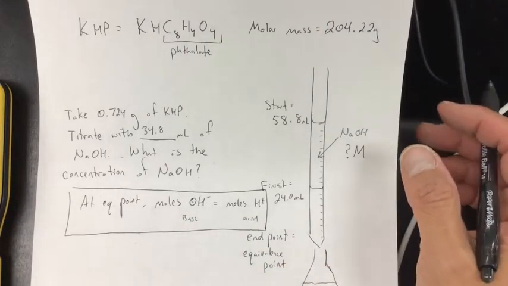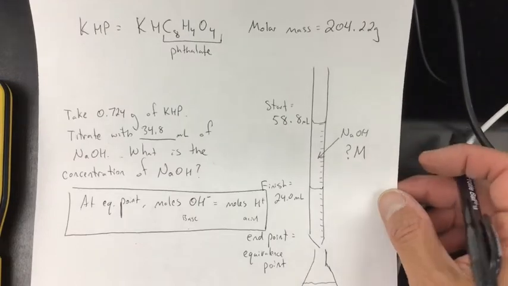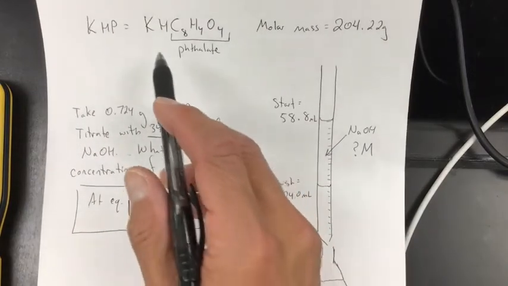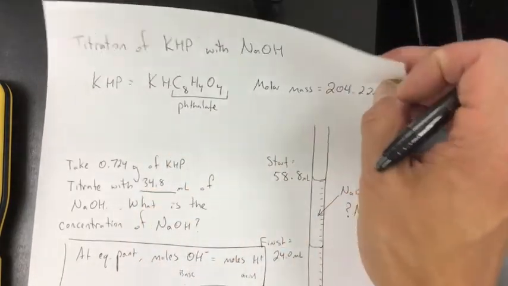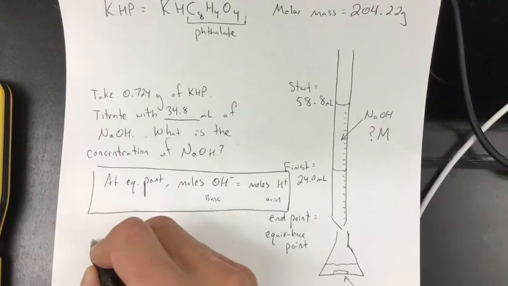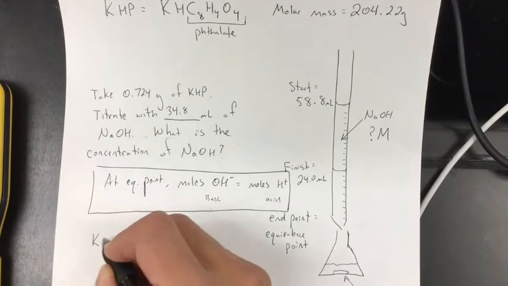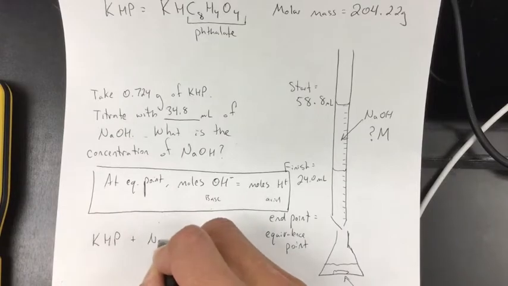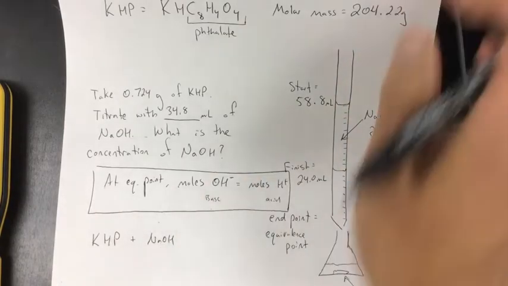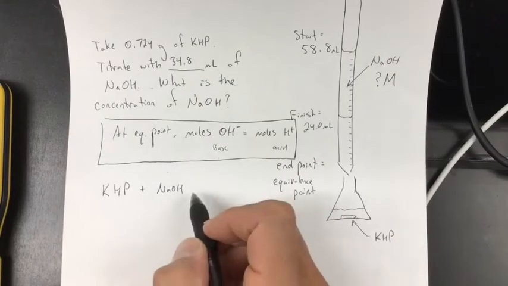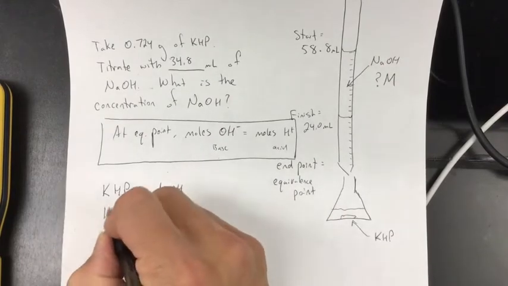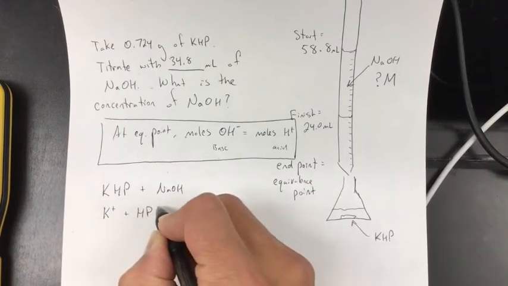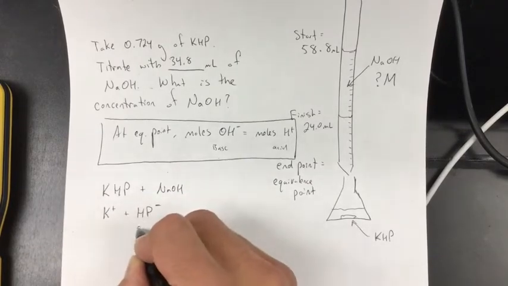So if I look at my chemical equation, I have KHP, I'm just going to abbreviate KHP, plus NaOH. If I'm writing that out, I want to see how these are related. Well, the K plus and HP negative, this is my acid.